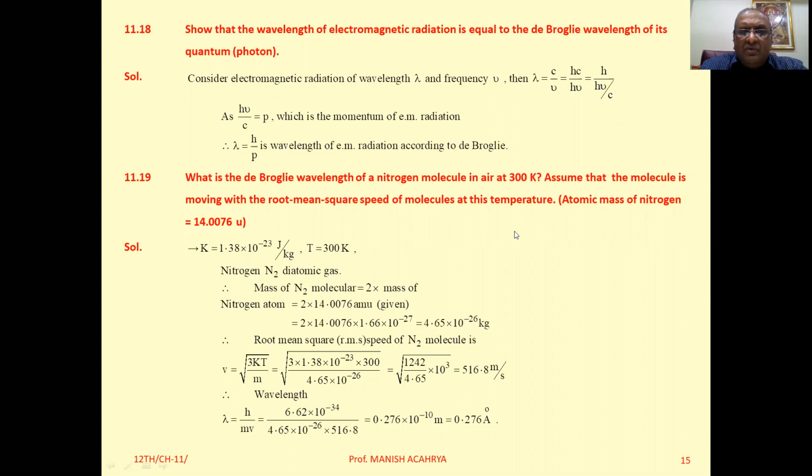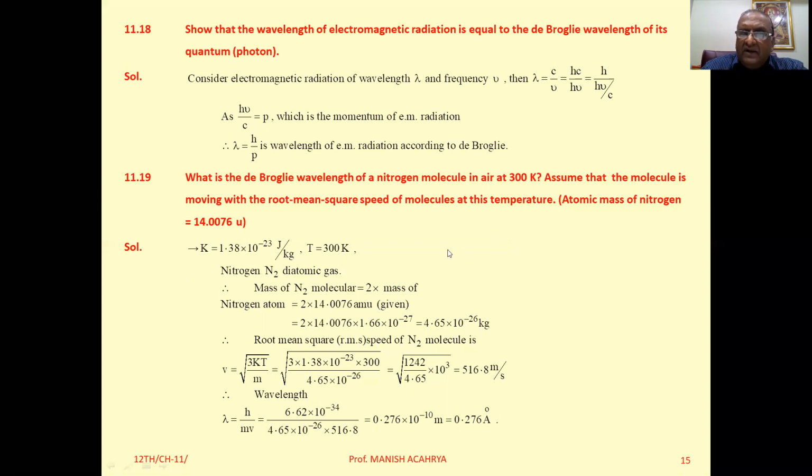11.19. What is the de Broglie wavelength of a nitrogen molecule in air at 300 Kelvin temperature? Assume that the molecule is moving with the root mean square speed of molecules at this temperature. Atomic mass of nitrogen is 14.0076 u. Now see, K, the Boltzmann constant, is always given to you, and temperature you have to take 300 Kelvin.